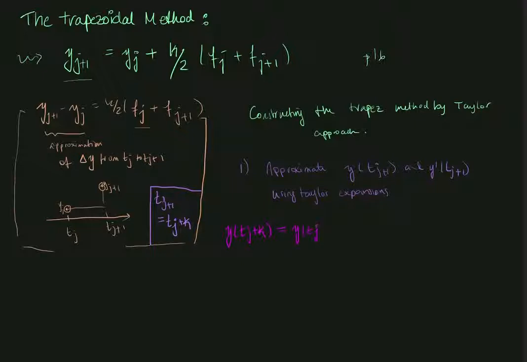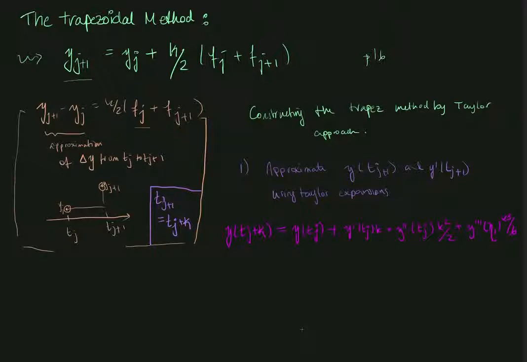So by Taylor's theorem with Lagrange remainder, I get that y of t_j plus k is equal to y of t_j plus y prime of t_j times k plus y double prime of t_j times k squared plus y triple prime, and here I think that we've got enough terms that I can do the remainder term now, times eta 1 times k cubed divided by 3 factorial, which is 6. And here I have a 2.